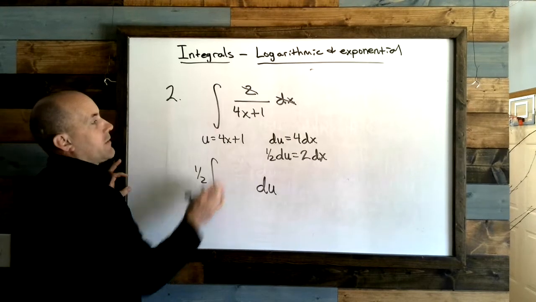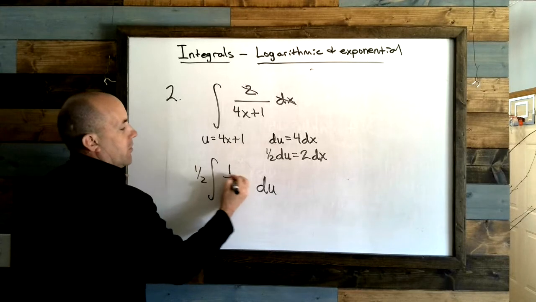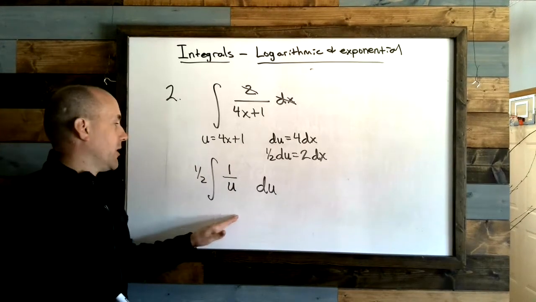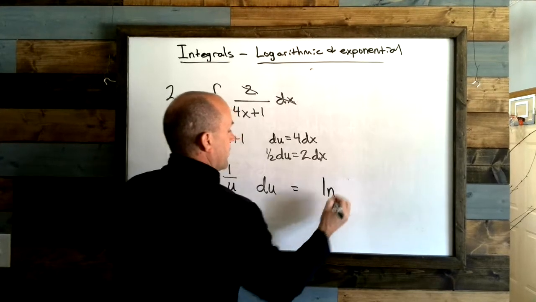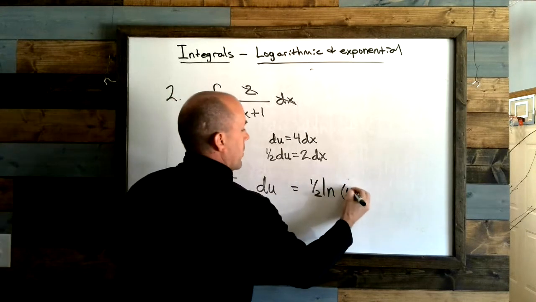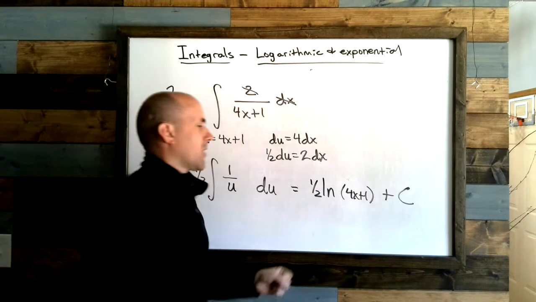So what do I have left? I have 1 over this guy, which is u, 1 over u. Now it becomes very simple like we set up originally. The antiderivative of 1 over u is the natural log of u. We have the 1/2, and the u is going to be 4x plus 1, and then plus c.